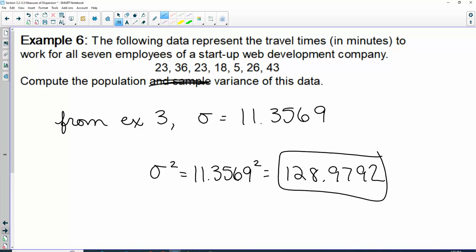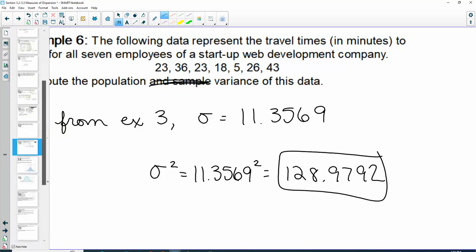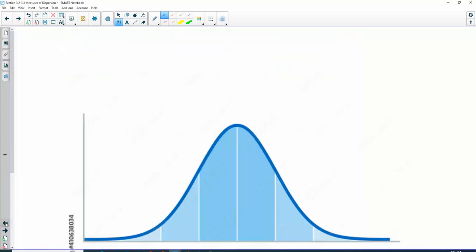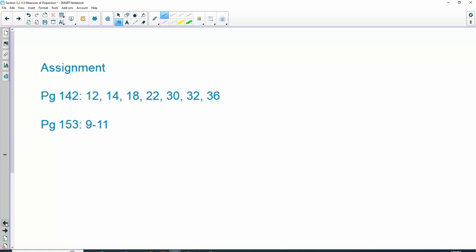So homework-wise, I think I printed it on the last slide. We are not ready to do all of it yet. You can do really probably just the first 4 is all we're really ready for.